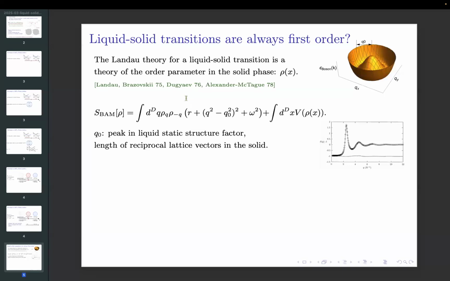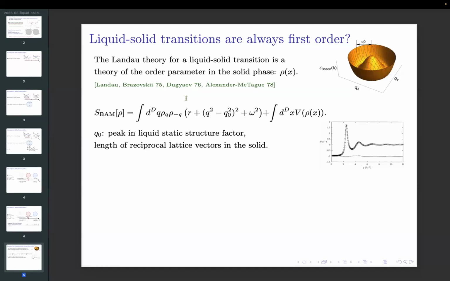So what's the nearby effective field theory? The key degree of freedom is the order parameter for this transition, which is some mode of a boson, just like the density of these atoms. The key thing is that its dispersion has the following form. Forget about the omega for a second. It looks like the bottom of a wine bottle.